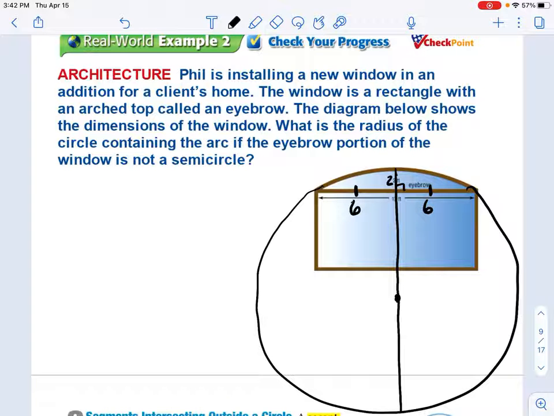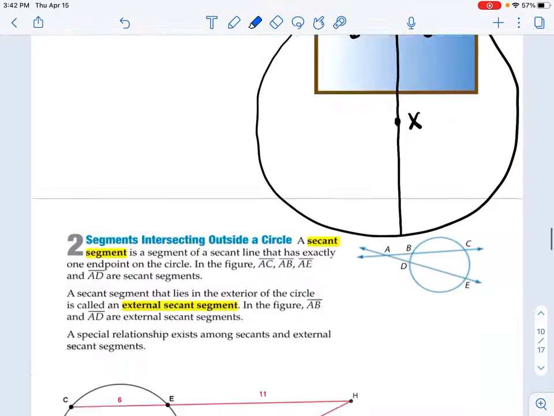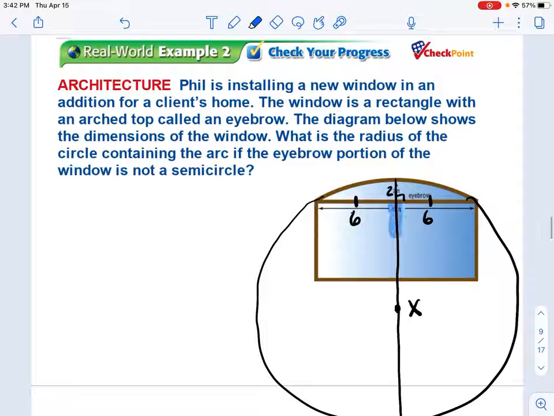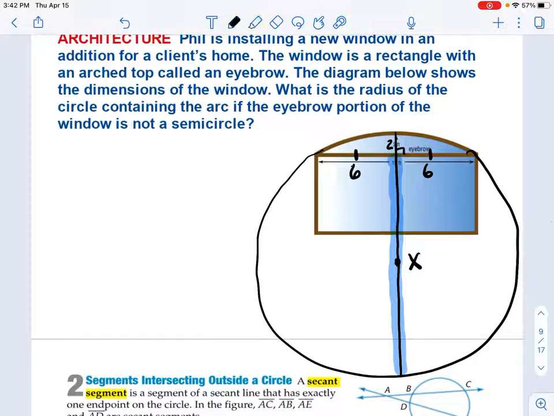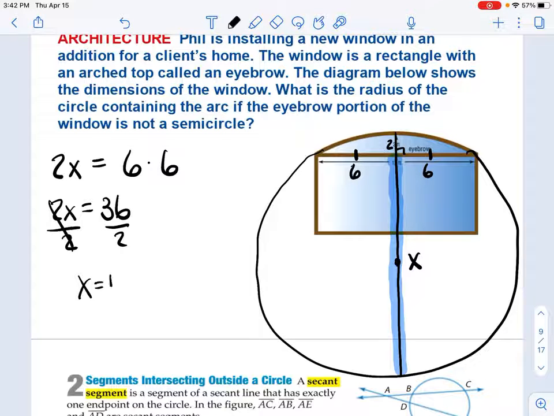So we can solve this again. We'll just give this a variable x, and we are solving for this distance. Okay, so we can set it up. Chord segment times chord segment is equal to the other 2 multiplied. So we get x is equal to 18.